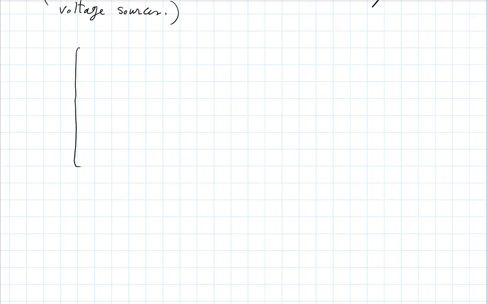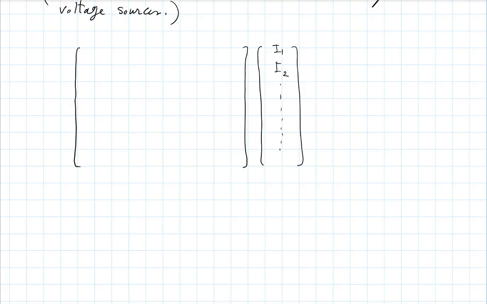And so here, instead of the inverse of the resistances or conductances, you see the resistances themselves. And you have your vector of unknowns, which is I1, I2, through to IN. And then the vector that comes from the voltage sources, V1 through VN.